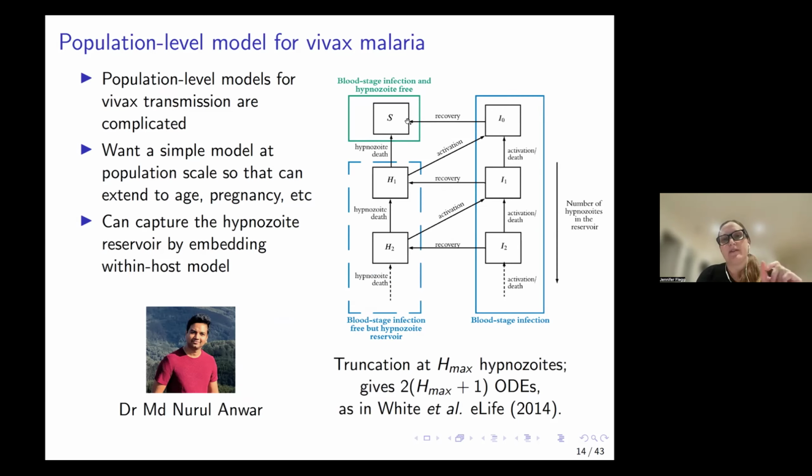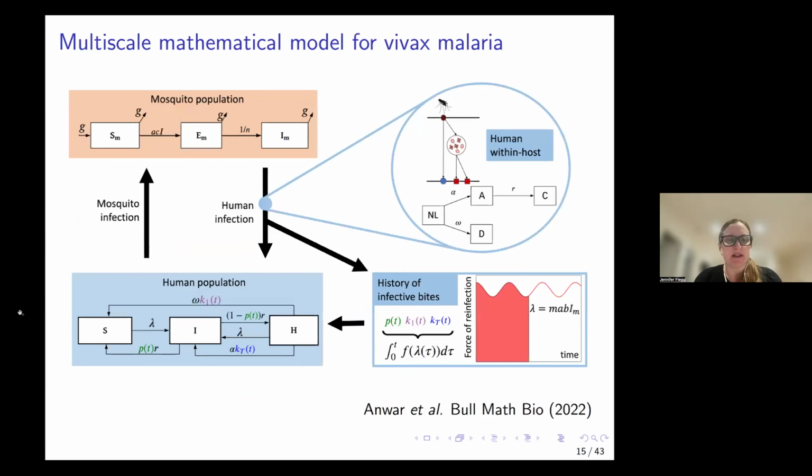We have people that are completely susceptible, so they have no blood stage infection and no liver parasites. We have people who have liver parasites but no blood stage infection. And we have people who have blood stage infection. So we have 3 compartments. And if we're happy to break things down at the population level in that way, we end up with a pretty simple population level model.